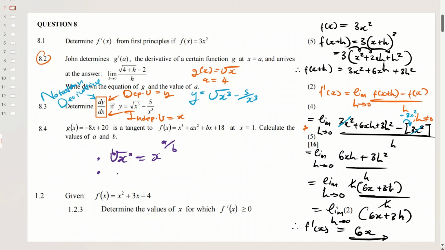And again, there is this rule that if you have 1 all over x to the a, you take the reciprocal of this. It means you make this the numerator, so your x is now a numerator. Since you had a positive exponent in the denominator, now you are going to have a negative exponent. So taking the reciprocal means writing this in a different way, but keeping the base the same and the exponent the same.